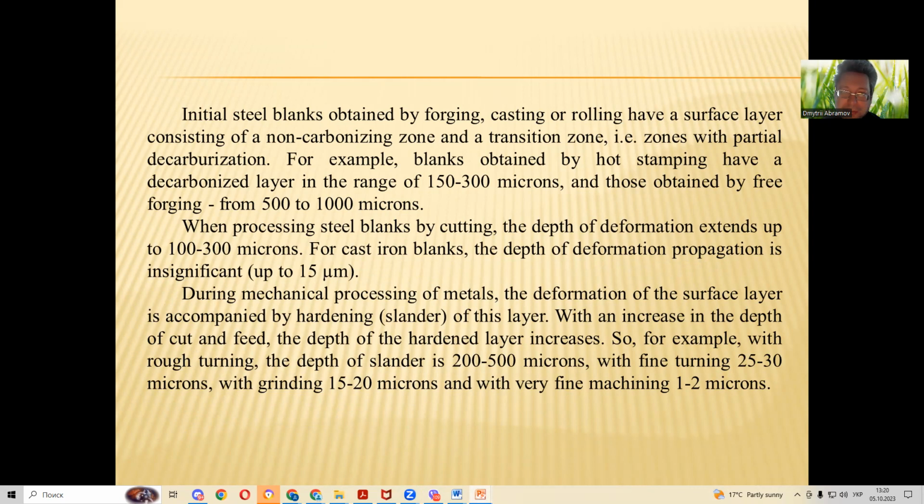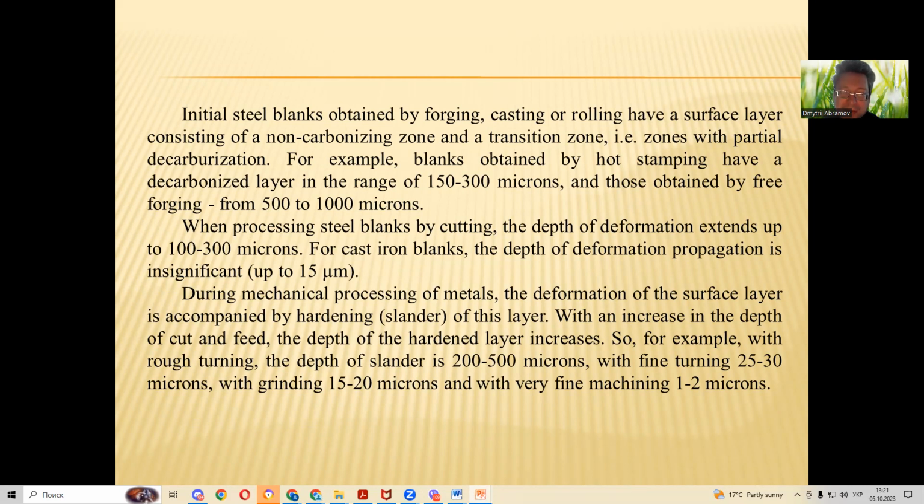For example, workpieces or blanks obtained by hot stamping have a decarbonized layer in the range of 150 to 300 microns, and those obtained by free forging from 500 to 1000 microns.